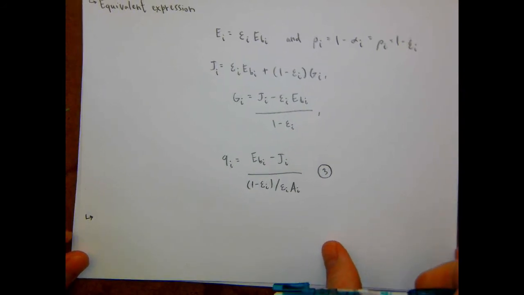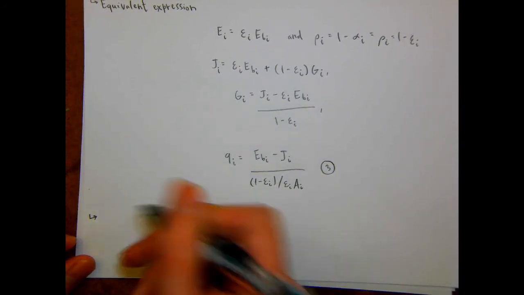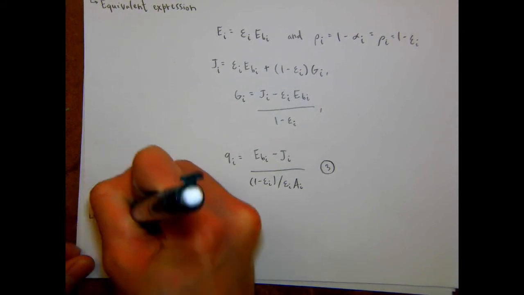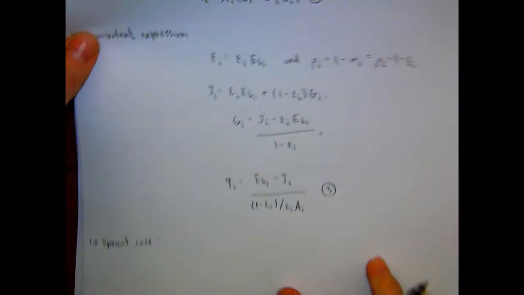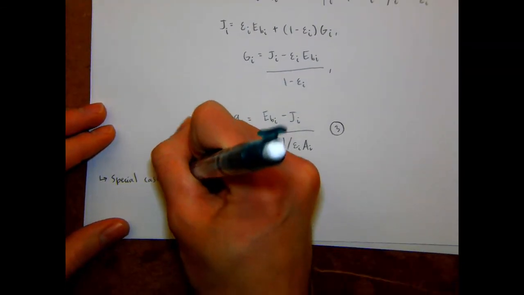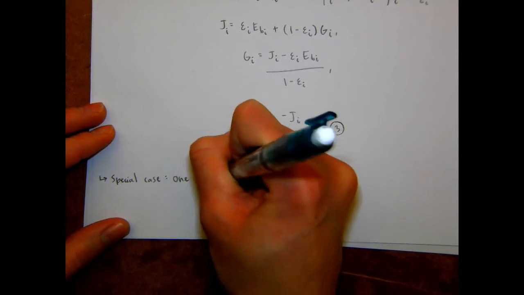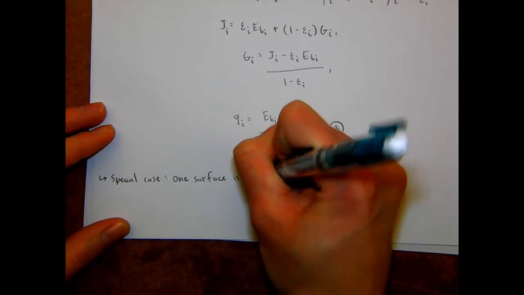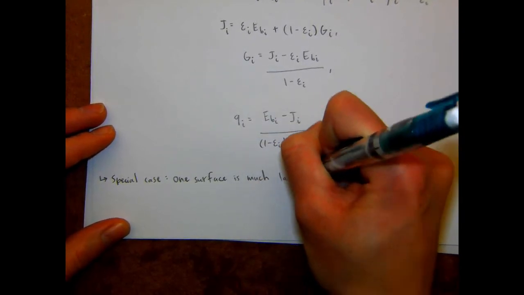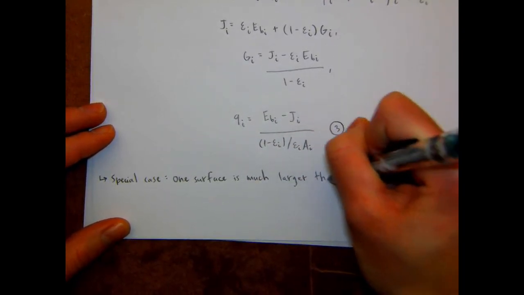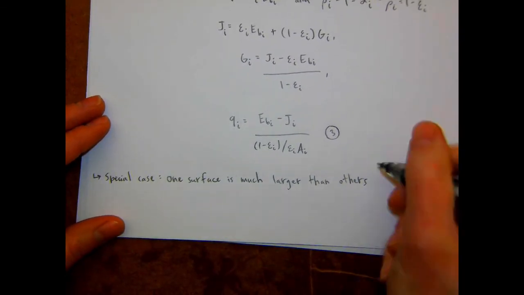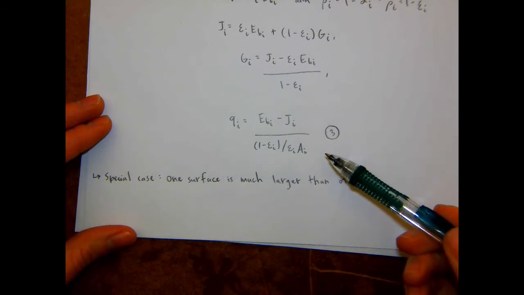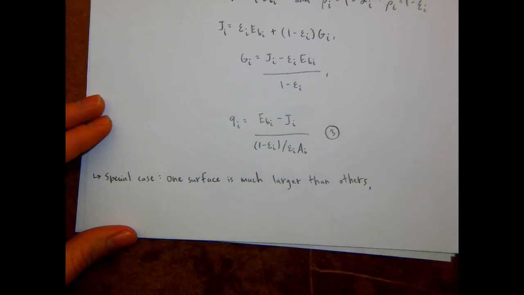So this is pretty interesting actually, because we can look at this equation and say, let's say we have a special case where one surface is much larger than the others. Both intuitively and looking at the math, we can show that we're just going to go back to the situation where we have basically black body radiation exchange in a cavity.